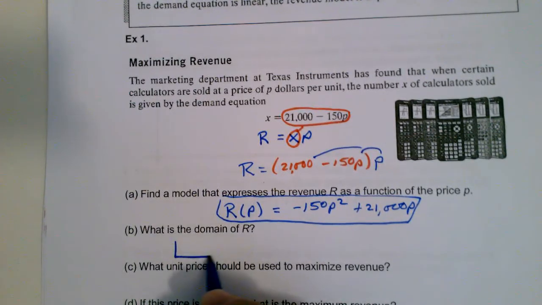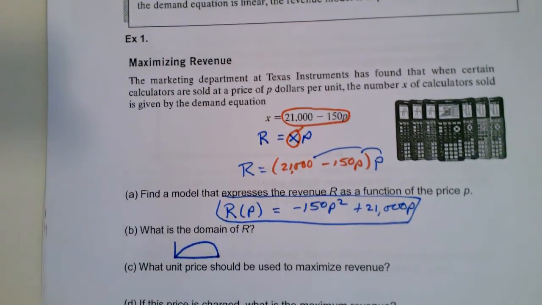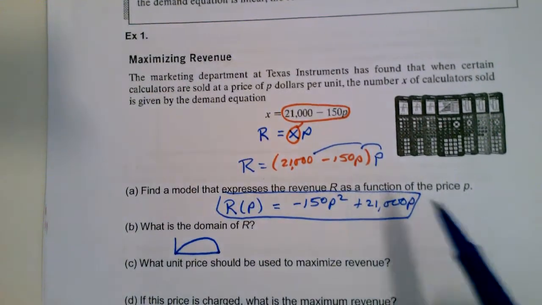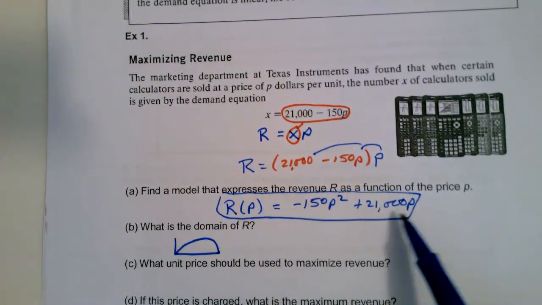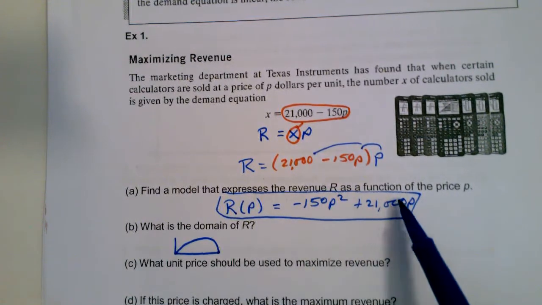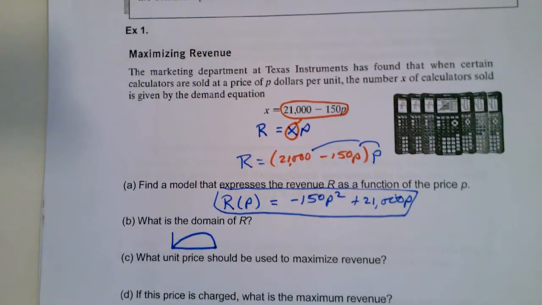I don't know what it's going to look like. I just know it's going to be a frowny face like this. And it says, what is the domain of R? We've got to find that. And it says, what unit price should be used to maximize the revenue? So I want to get a visual of what this thing looks like. This is where I grab my TI-83 or 84.